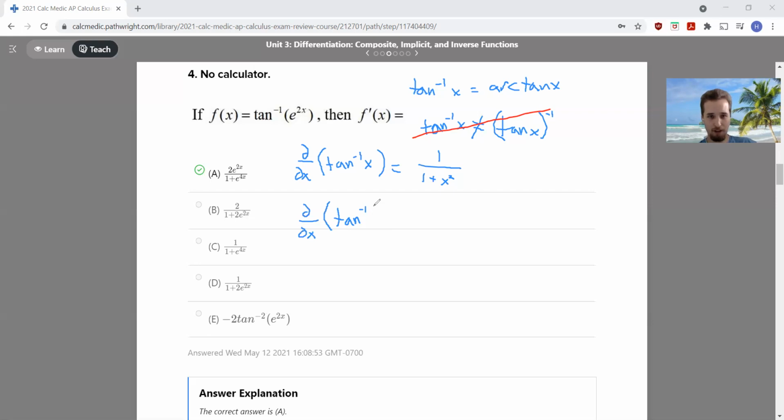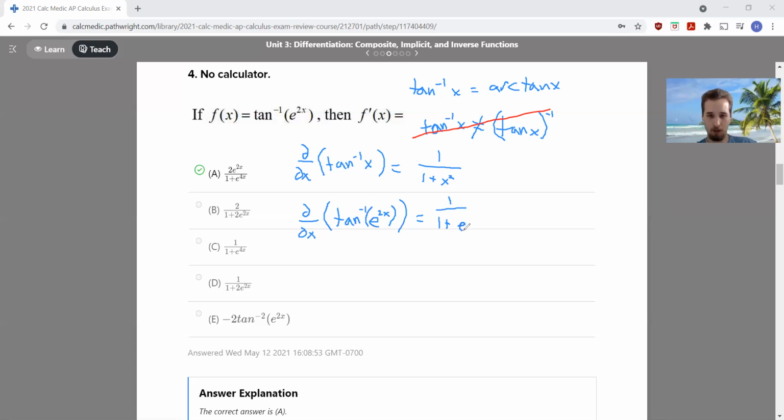There's a function inside a function inside a function. So this e to the 2x is inside this inverse tangent. So we get this 1 over 1 plus, but instead of this x here, we have this e to the 2x, right?